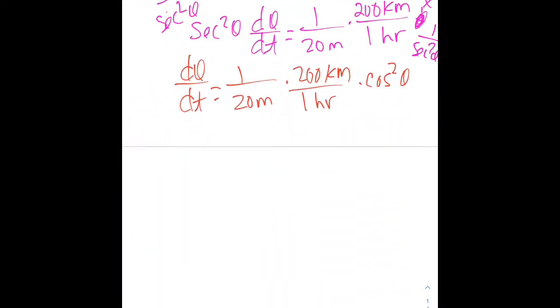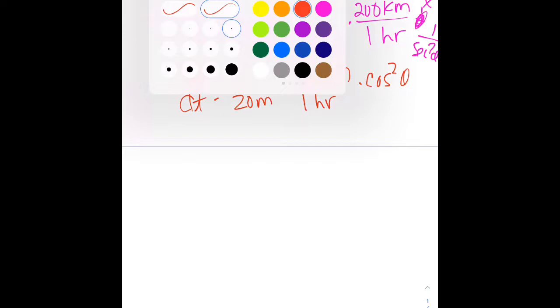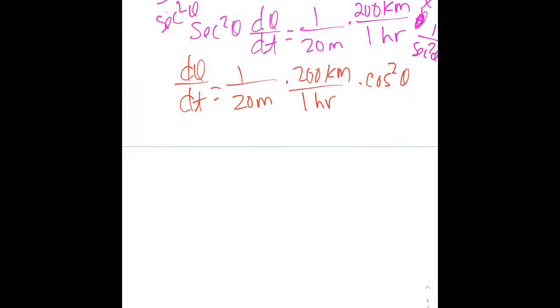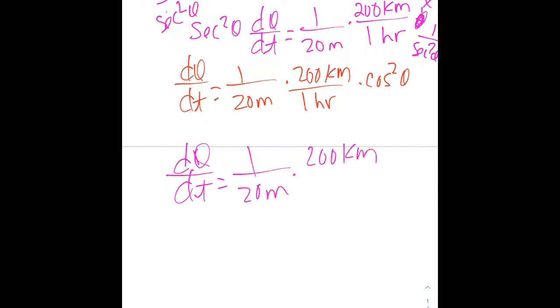All right, so ultimately, if the question was not asking specifically for radians per second, you could absolutely give me that d theta/dt is equal to 1 over 20 meters times 200 kilometers per 1 hour, because cosine squared of theta is 1 when the car is crossing the finish line.